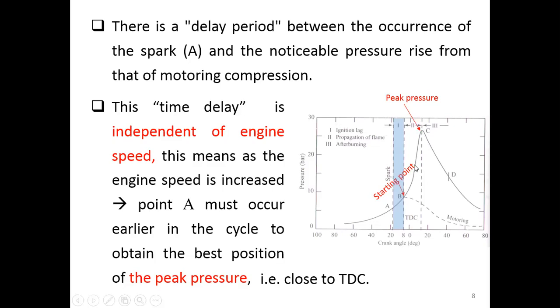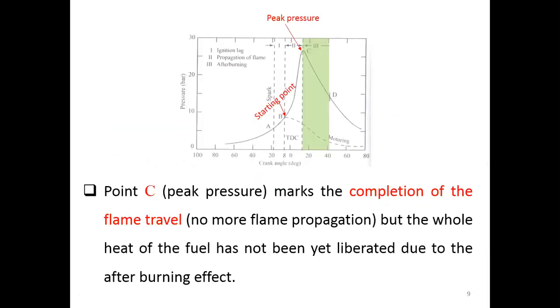So when the engine speed increases, you have to ignite earlier. Otherwise, your peak pressure will move away from the top dead center, and that is something that we do not want to happen.